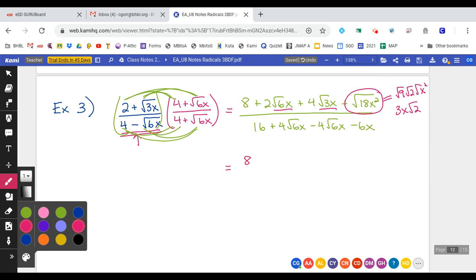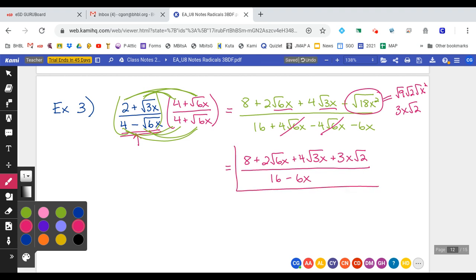So I still have 8 plus 2 radical 6x plus 4 radical 3x plus 3x radical 2. And in the bottom here, middle terms are going to cancel. I have a 16 minus a 6x. And we're going to leave the answer like that. Nothing else can be combined.